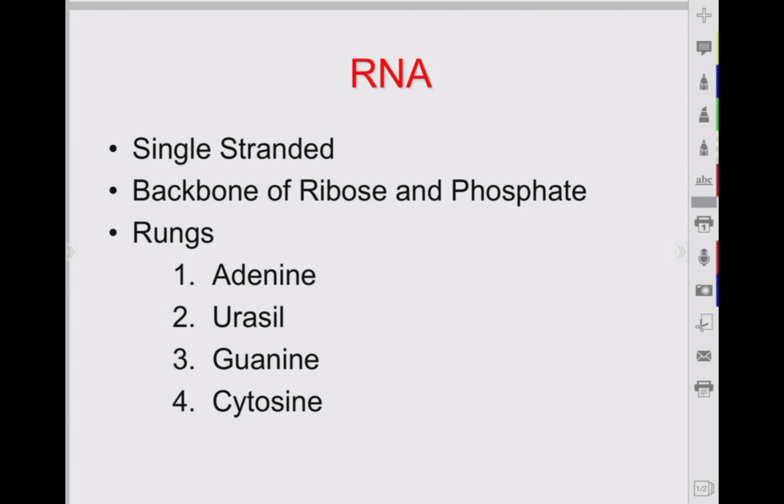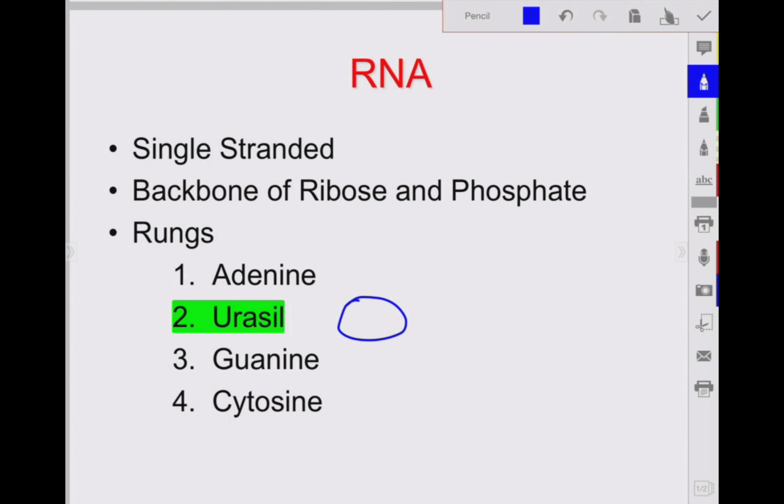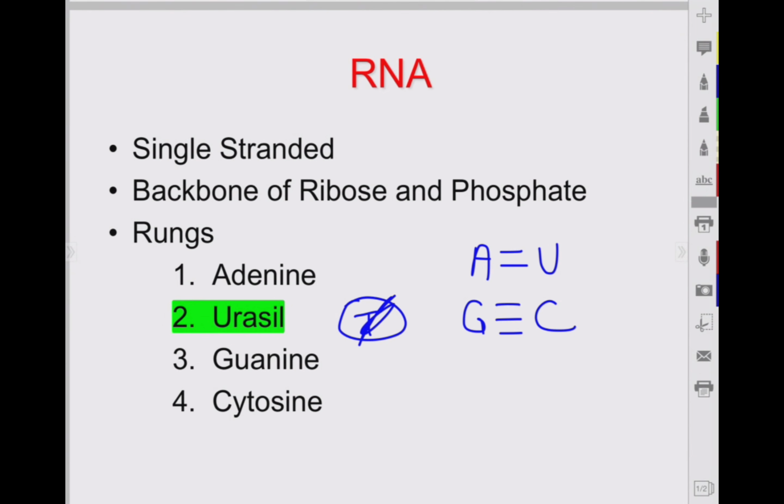Okay, so just a brief mention here about RNA. First thing I notice, there's uracil, right? There's no thymine. No T. Oh, by rungs of the ladder, that's come up a couple of times.